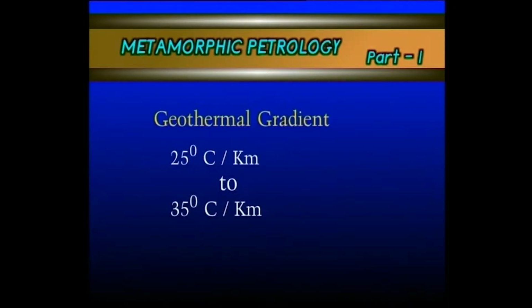Now we'll see the third case, particularly at what depth the intrusive body lies. Normally, we can assume that the geothermal gradient always varies. In the case of continents, it normally varies from 25 degrees centigrade per kilometer to 35 degrees centigrade per kilometer.